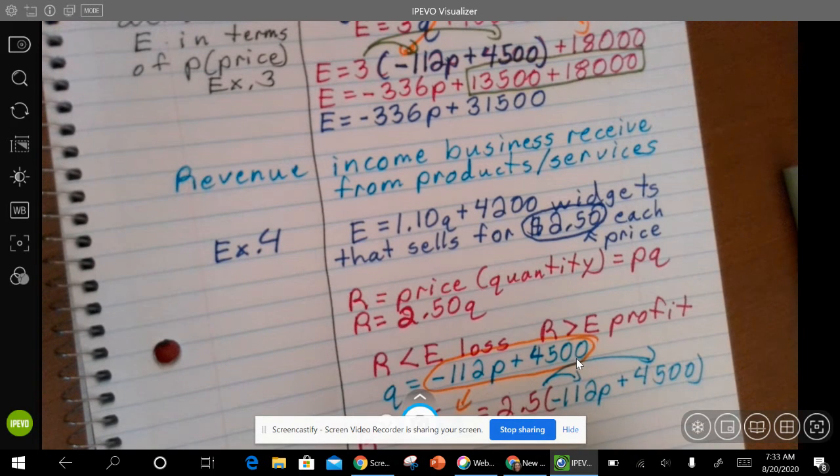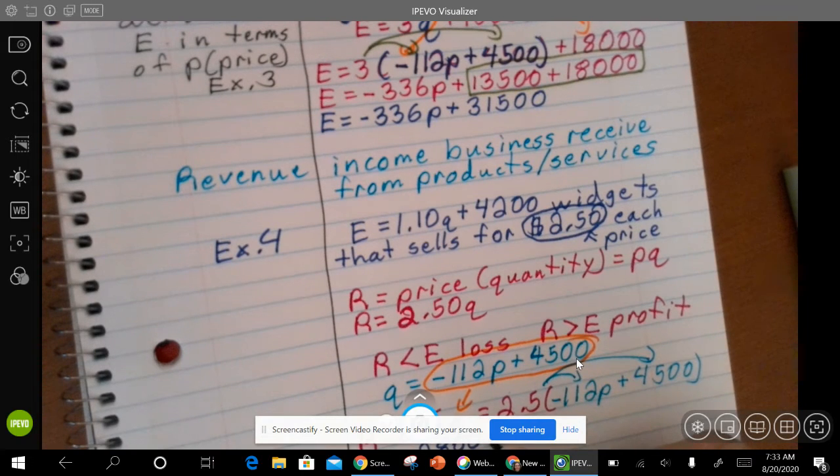So we get our revenue equation is equal to negative 2,800 times the price plus 112,500. Okay.